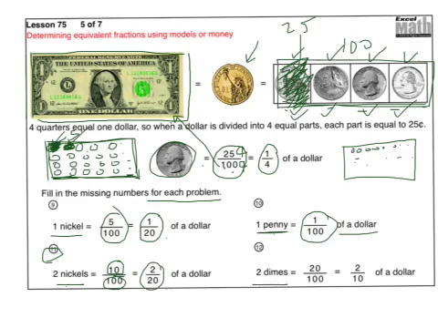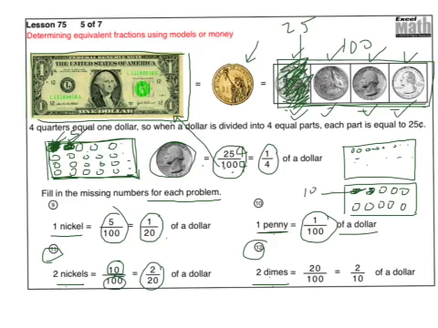How about 2 dimes? Number 12, 2 dimes. Okay, well, I'm going to go ahead and draw this one. Here's a dollar, and how many dimes are going to make a dollar? 1, 2, 3, 4, 5, 6, 7, 8, 9, 10. Everybody knows that, right? 10 dimes makes a dollar. So 2 of these dimes, 1, 2, is 20 cents, right?